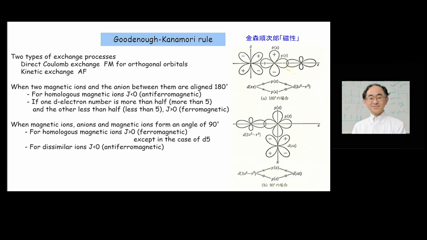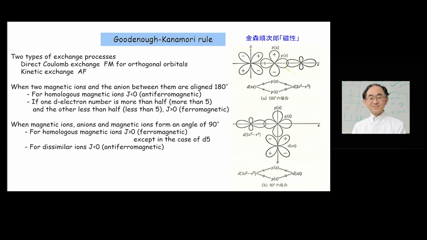But once you have a 90-degree coupling, the tendency is almost reversed. Once you have homogeneous magnetic ions, you have a ferromagnetic interaction. And for different atoms, it becomes antiferromagnetic.